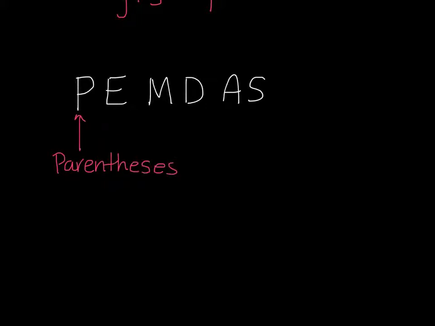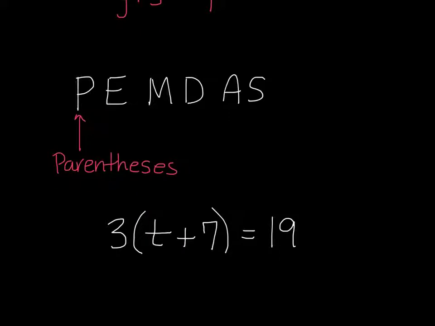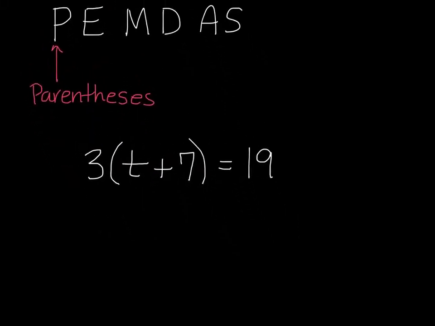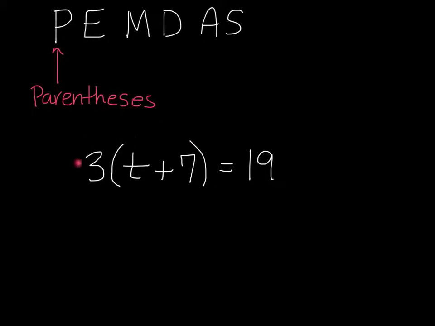Parentheses. Okay, so if I have a term, let's say I have 3 times the quantity t plus 7 is equal to, let's say, 19. What I'm going to worry about here is that order of operations says get rid of these parentheses first.